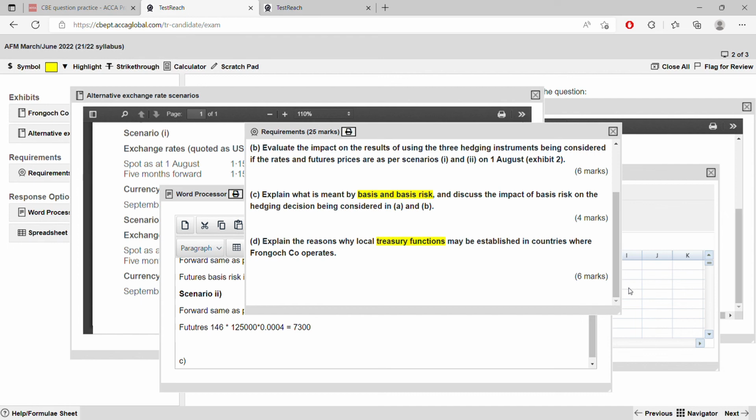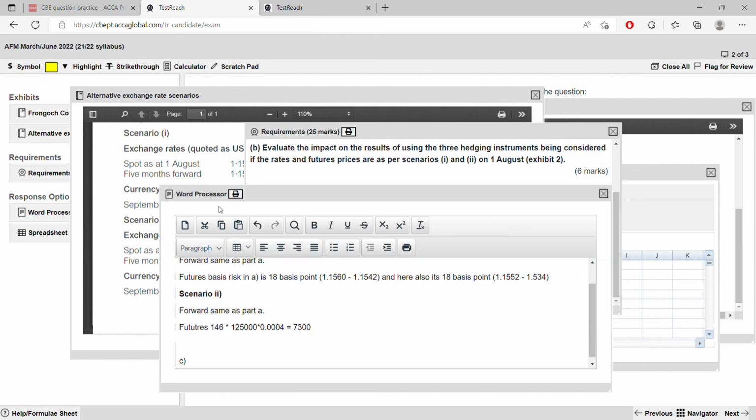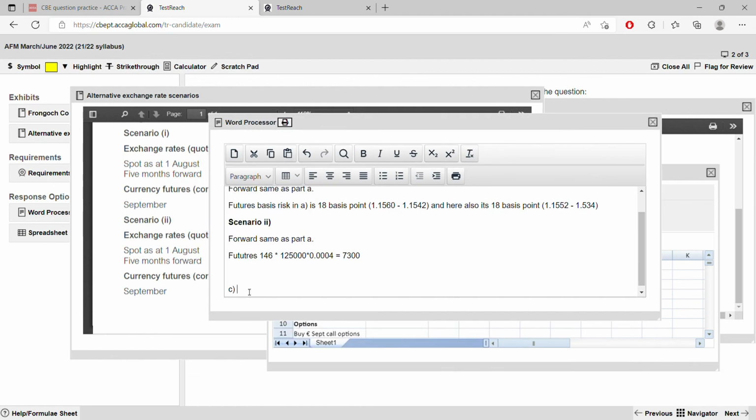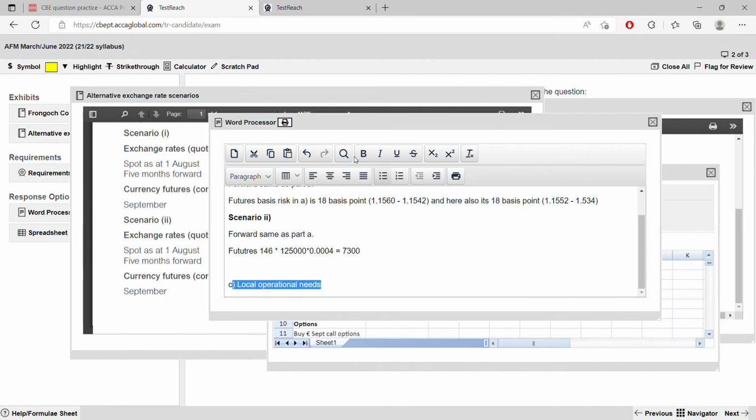Why they want to set up treasury function where they operate. I will give you the points, you elaborate on it. One is local operational needs. Under this subheading, you can write and explain it.